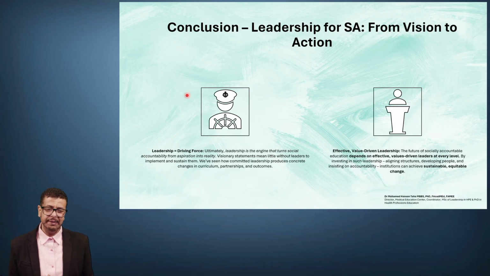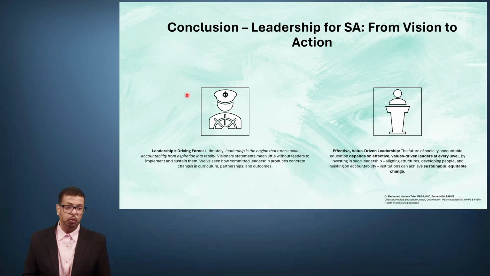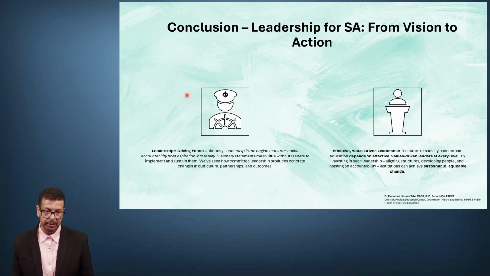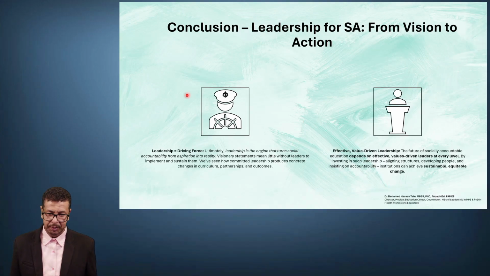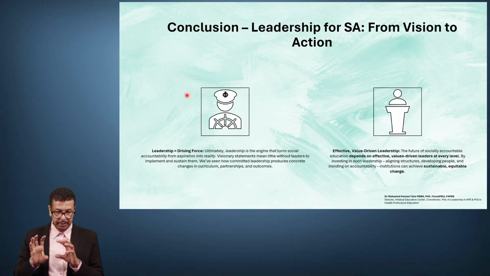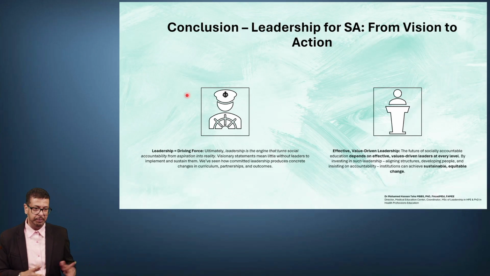So we have seen how committed leaders produce concrete change in curriculum, partnership, and outcomes. On the other hand, we have seen programs, colleagues, and universities with a very nice mission on the website, but they didn't make any change in their community.